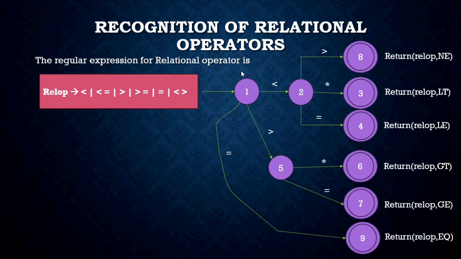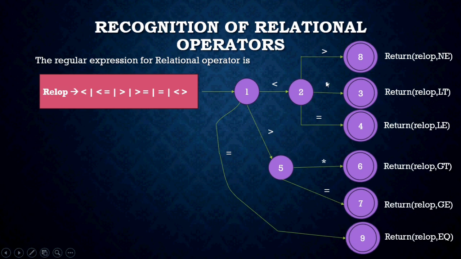First we start with the less than symbol, and when we move to the top, we can see that the less than symbol is followed by a greater than symbol. When in state number 2, it is considered the relational operator not equal to.